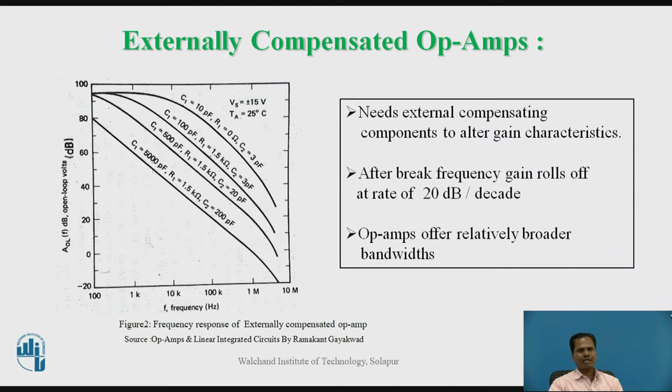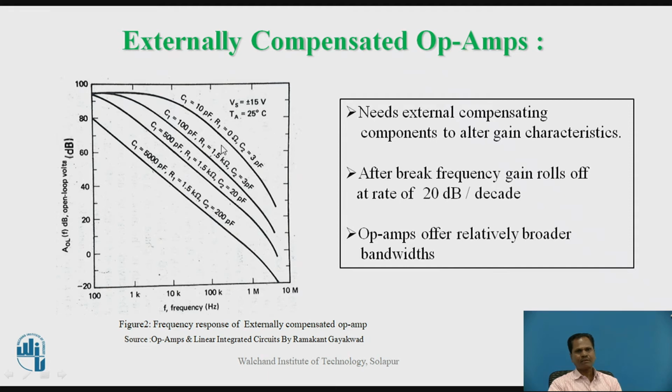The operational amplifier IC such as IC 709 is an externally compensated operational amplifier. So it requires an external frequency compensating network which is designed using resistors and capacitors. The externally compensated operational amplifiers are also called tailored frequency response operational amplifiers because the user has to provide compensation to tailor the frequency response of this operational amplifier.